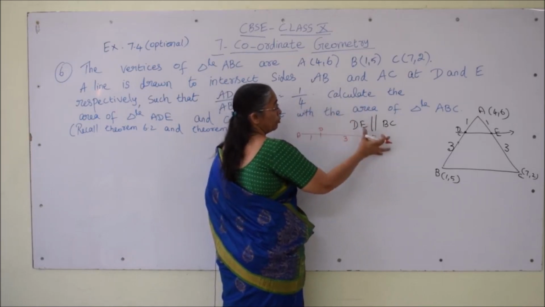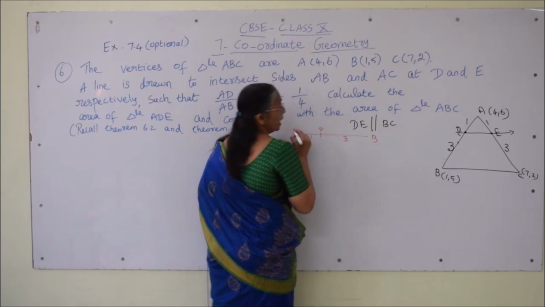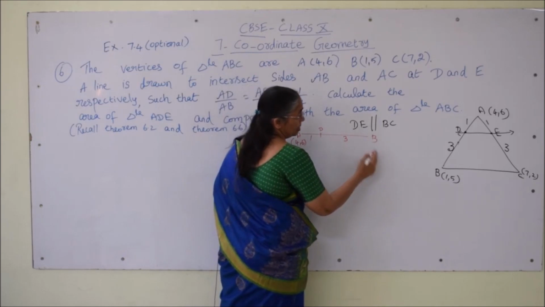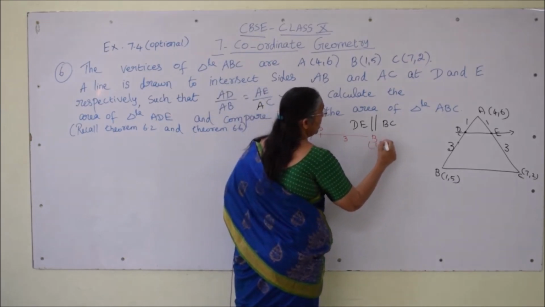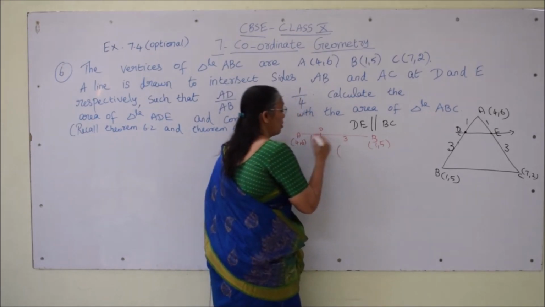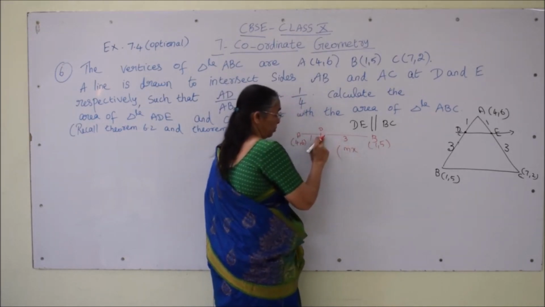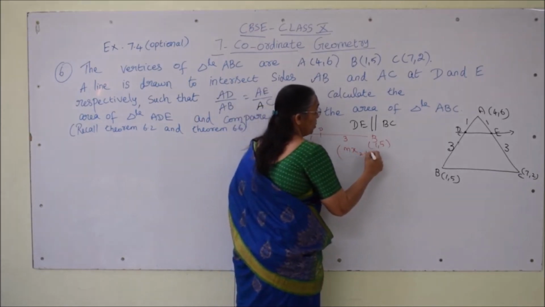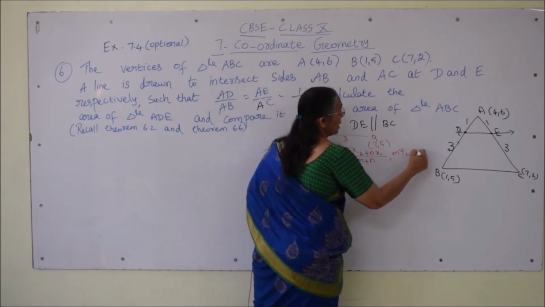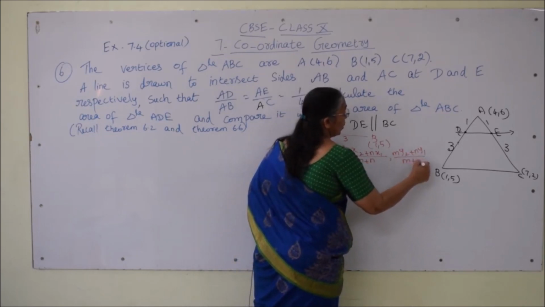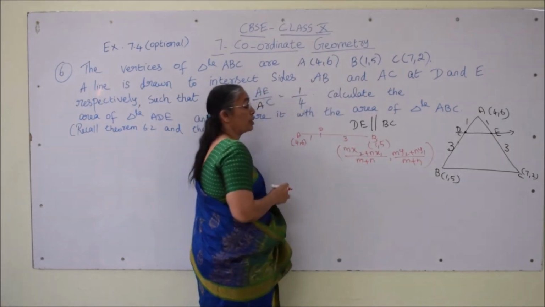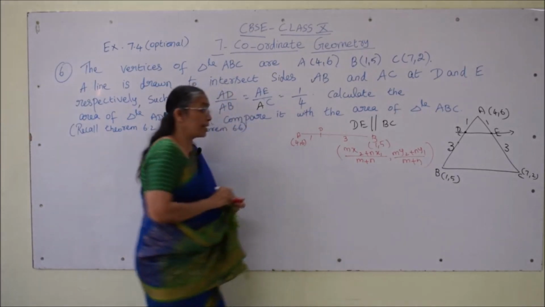So, the whole part is 4. So, this will be 1:3 and A vertex is given as 4, 6. B vertex is 1, 5 and the ratio is there. By the section formula, this point D is (mx2 plus nx1) divided by (m plus n), comma (my2 plus ny1) by (m plus n), provided 1:3 is the ratio m:n and A is the point (x1, y1) and B is the point (x2, y2).